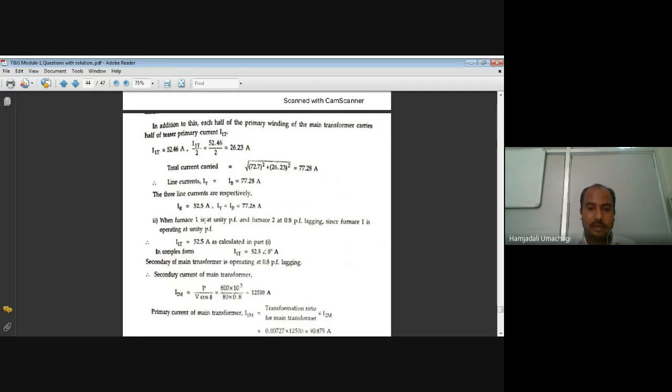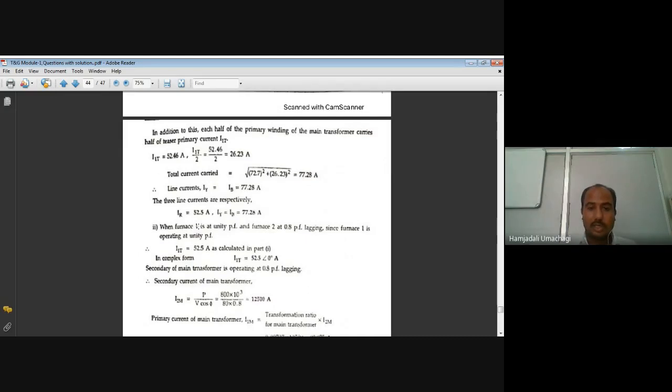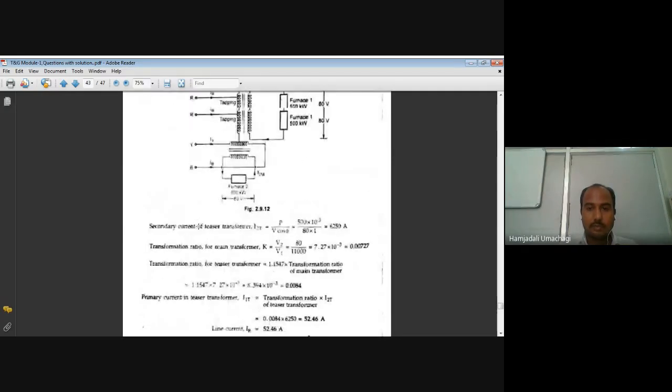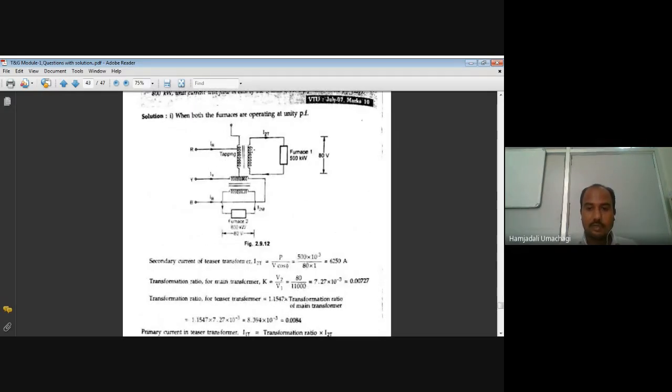Case 2 is furnace 1 at UPF. Furnace 1 is the furnace that is connected to the teaser transformer, and here once again it has unity power factor, with a load of 500 kilowatt and cos phi equal to 1, with the available voltage 80 volts.